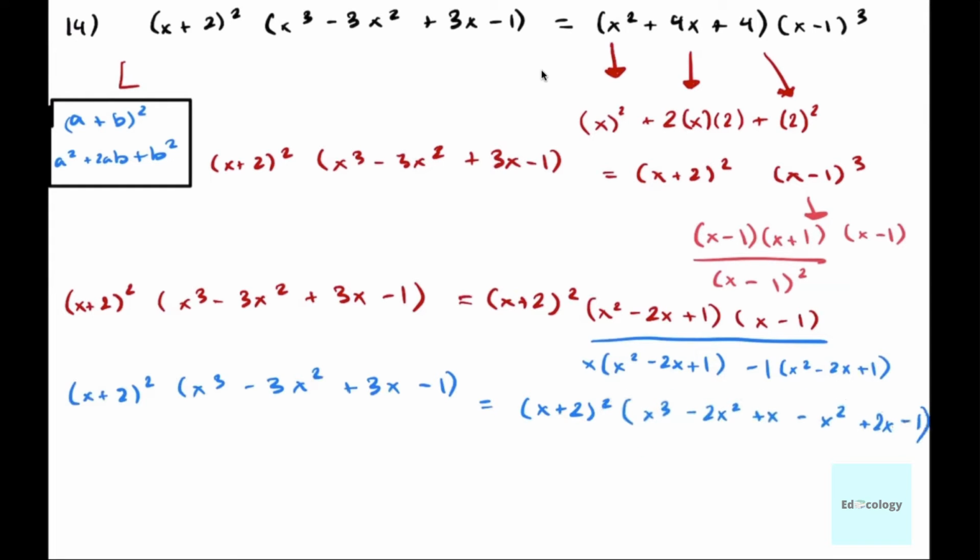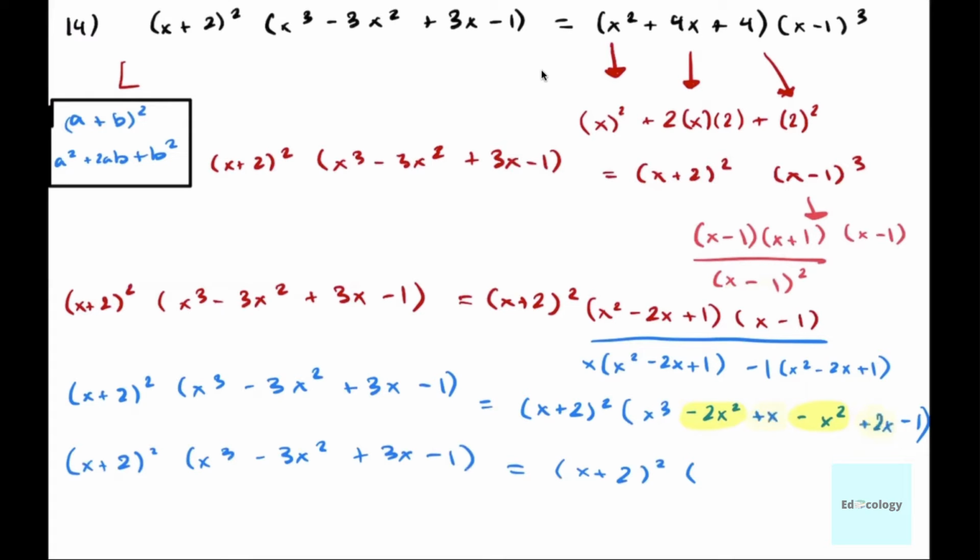So when you simplify this, you will get (x plus 2) squared times (x cubed minus 3x squared plus 3x minus 1) equals (x plus 2) squared times (x cubed minus 3x squared plus 3x minus 1). The like terms are negative 2x squared and negative x squared, as well as x and 2x.